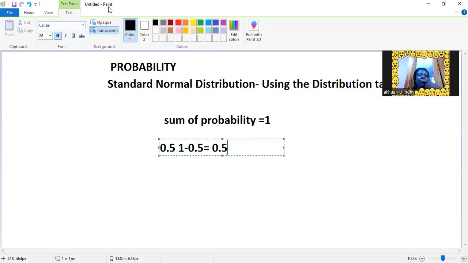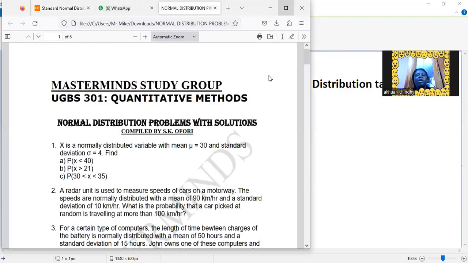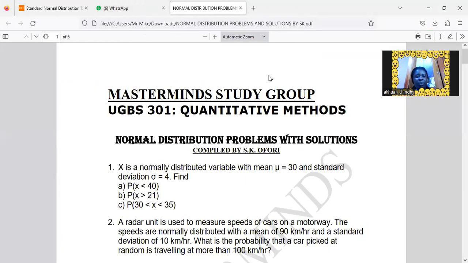With normal distribution, we'll take some questions and look at how to read it with the table. The first question says, X is a normally distributed variable with mean μ equal to 30 and standard deviation equal to 4. When you talk about the mean in probability, sometimes you can say expected value.